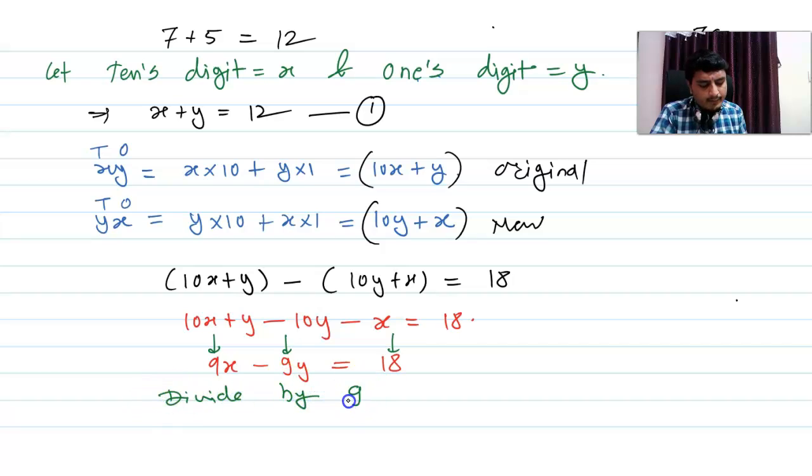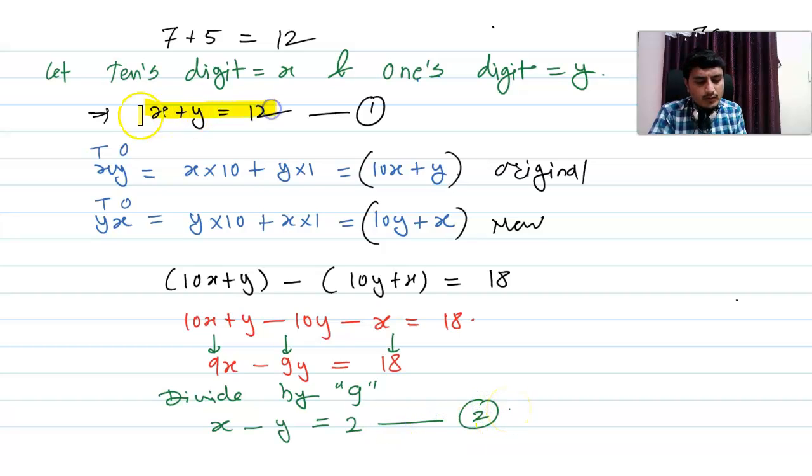We get 9x divided by 9 is x, minus 9y divided by 9 is minus y, equals 18 divided by 9, that is 2. That means x minus y is equal to 2. Call it equation number 2.